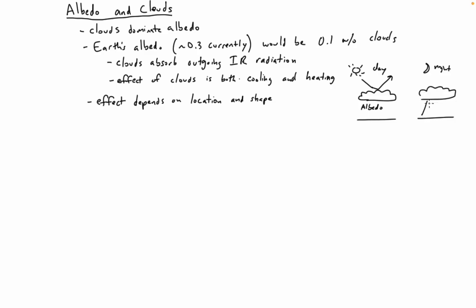The cloud gets in the way of the infrared radiation escaping into space. And you might have noticed this, right? When it's a cloudy night, it will be warmer than a really clear night. And same thing, if it's a cloudy day, it's not as warm typically as it would be if it was sunny.